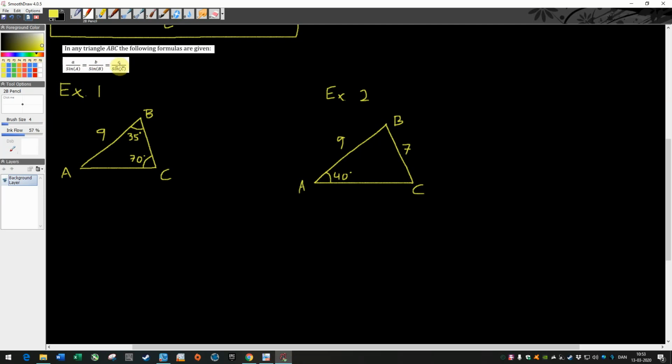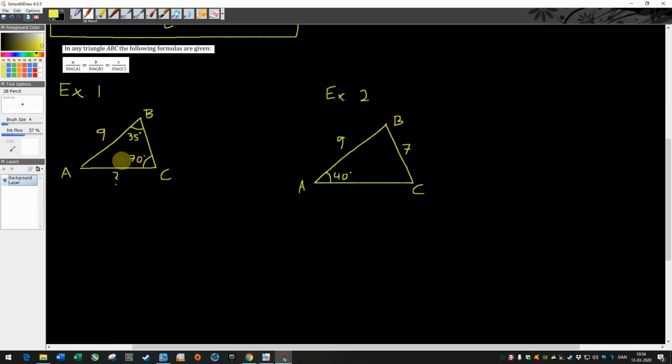So if we have this example here, and you want to calculate this length, what is b? Then you look at this formula and ask, what do I want to find?